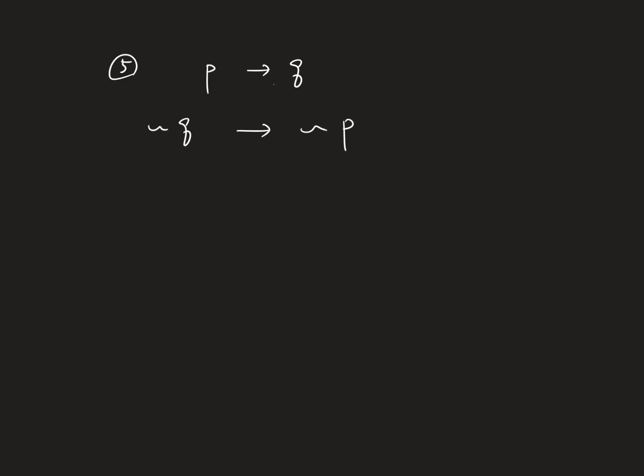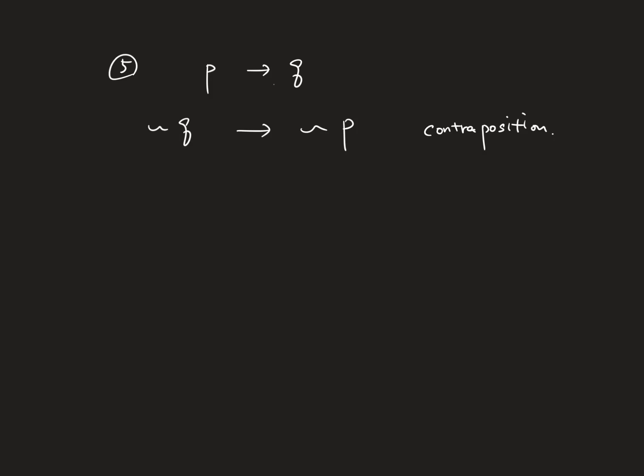So it's an indirect proof. It's called contraposition. You can prove any if-then structure by negating the conclusion.